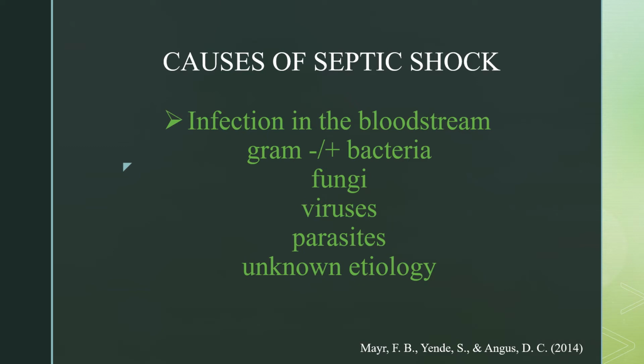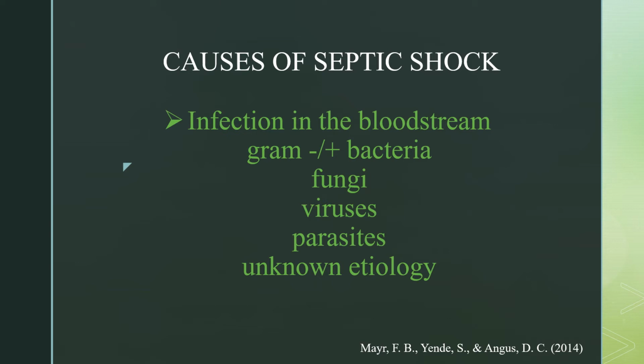There are some different causes of septic shock, and it usually starts from an infection that could possibly be in the lungs, some type of respiratory infection. It could be a urinary tract infection or some type of skin infection, but the infection is in the body and possibly from a bacteria, whether it's gram negative or gram positive.